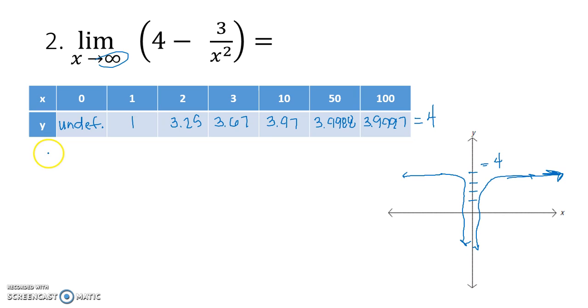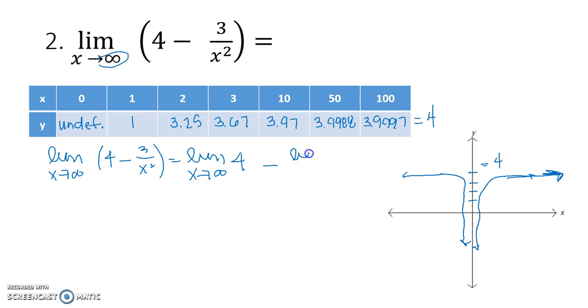To do it algebraically, the only rule you know for your limits as they go to infinity is that if you have like 1 over x squared, or 1 over x to the third, or 1 over x, that part is 0. So what you're going to do is use some of your properties from earlier in this chapter and split this to be the limit as x approaches infinity of 4 minus the limit as x approaches infinity of 3 over x squared.